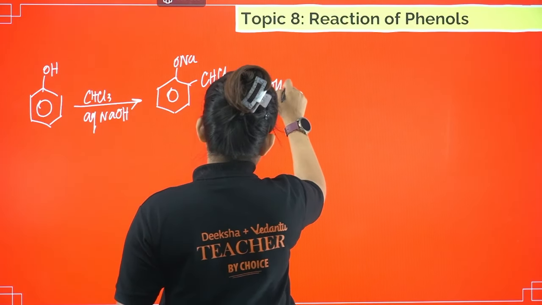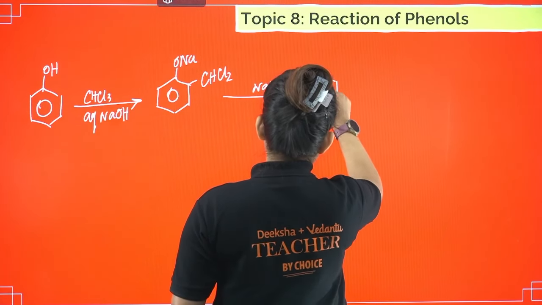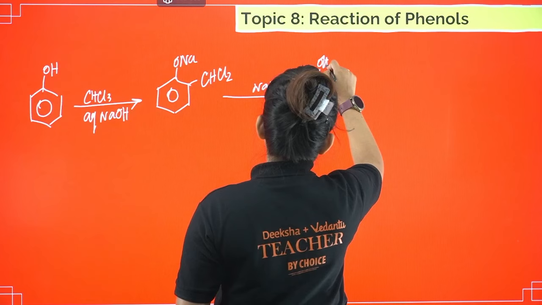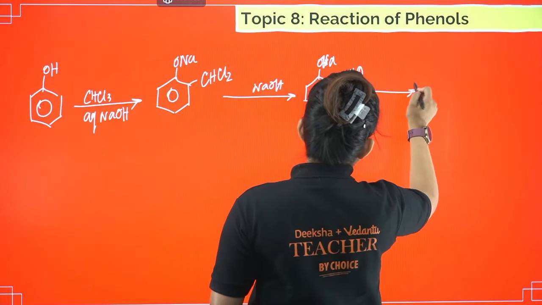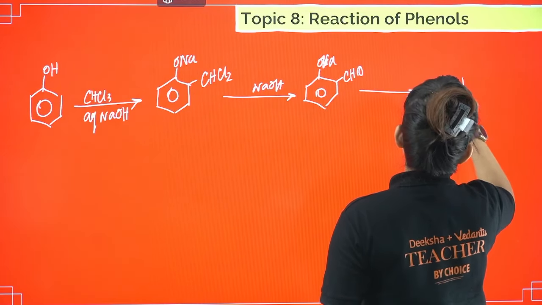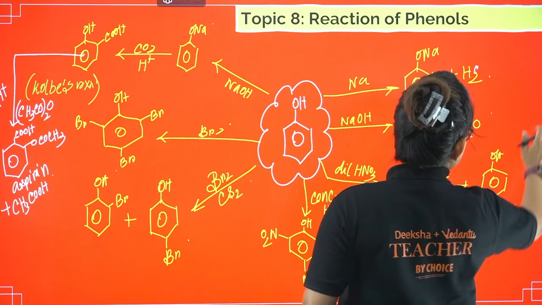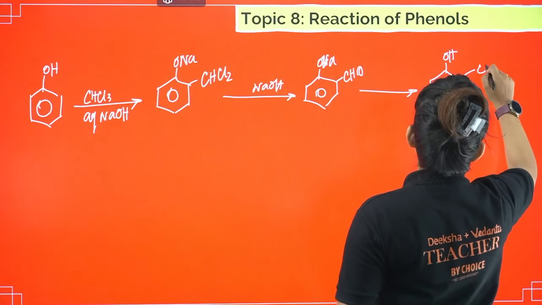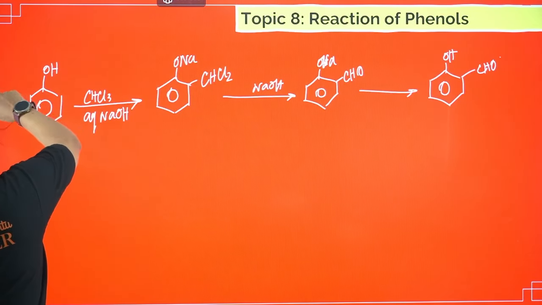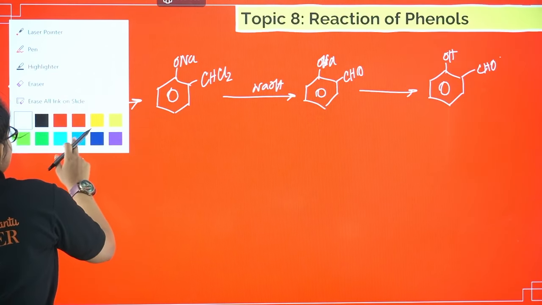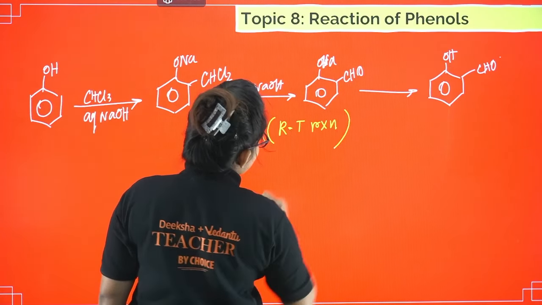Here you will get ONa and here CHO. Further, if you simply give water, this ONa will be converted to OH, and here you will end up with CHO. This is salicylaldehyde. This is basically your Reimer-Tiemann reaction, the RT reaction. I guess it is clear to you.